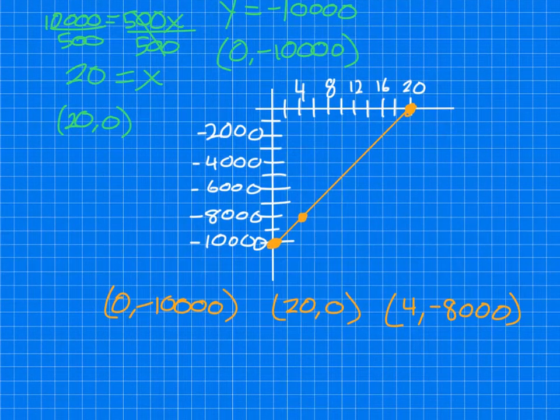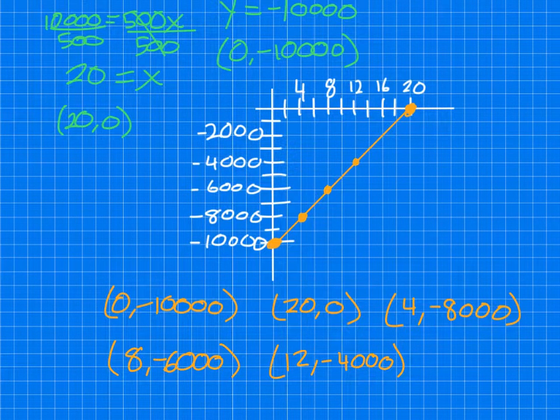We can also tell that at 8 minutes, we have a nice little perfect point there that's exactly on negative 6,000 for elevation. At 8 minutes, the elevation is negative 6,000. At 12 minutes, the elevation is negative 4,000.